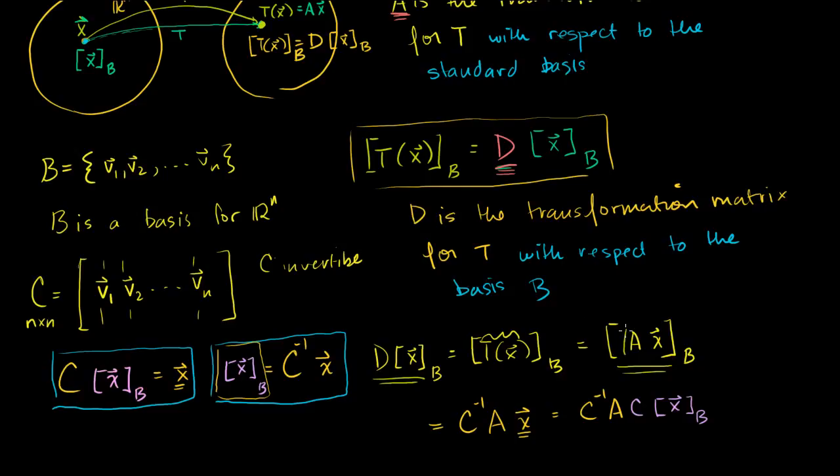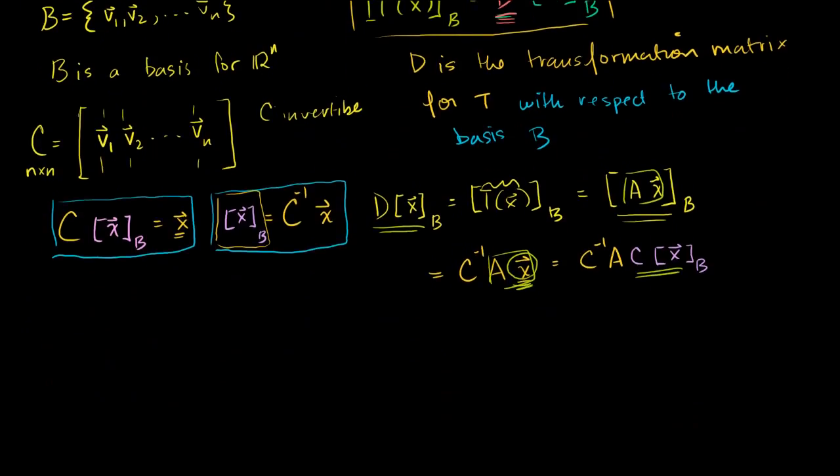Right? If you think, this is the same thing as this. And so if you have this and you want to represent it in non-standard coordinates, you multiply it by C inverse. So then you'll get that representation in non-standard coordinates. And then finally we say, look, x is the same thing as C times the non-standard coordinate representation of x. So we can replace x with that right there.